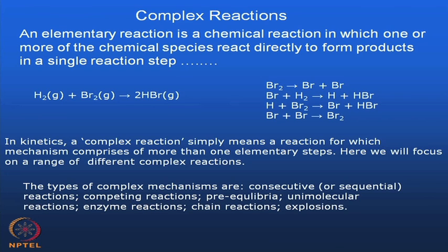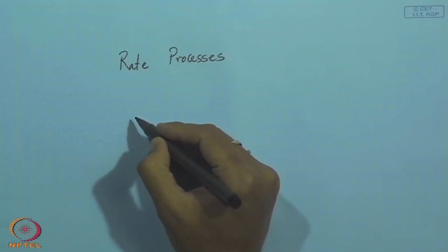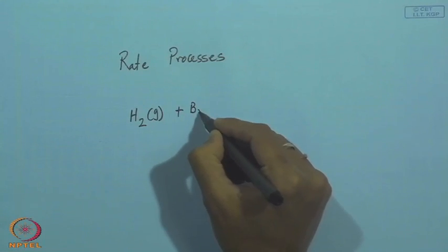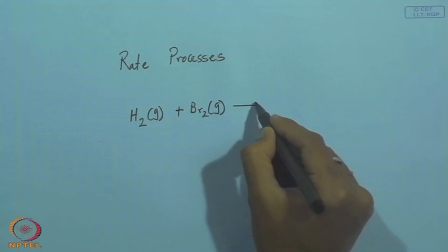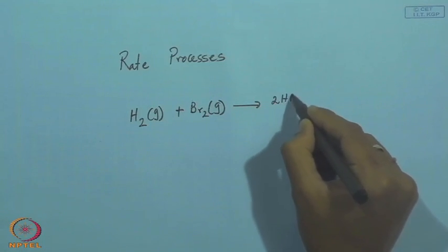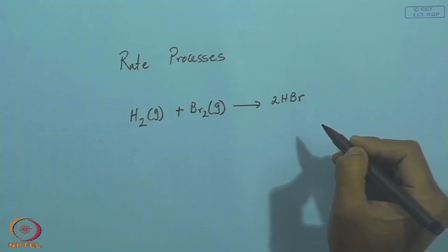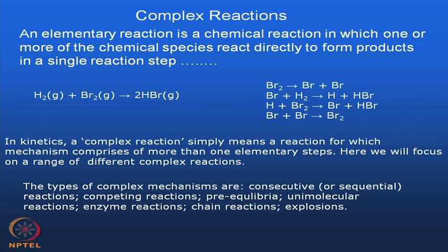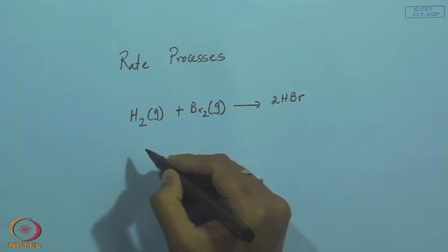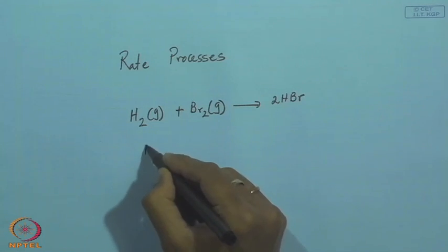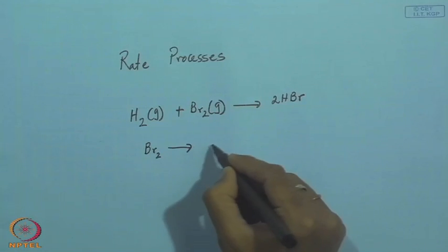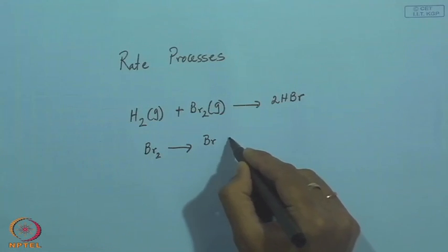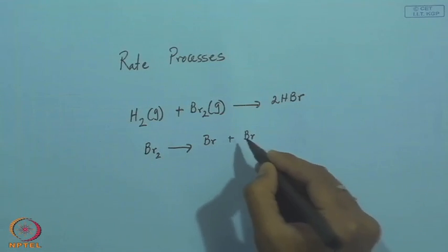As an example, if we concentrate on this reaction, H2 gas plus Br2 gas, a gas phase reaction to produce twice HBr. This reaction has a mechanism which has been established by various other means. It is known to follow the following steps. First, Br2 undergoes homolytic cleavage to produce two bromine radicals or bromine atoms.